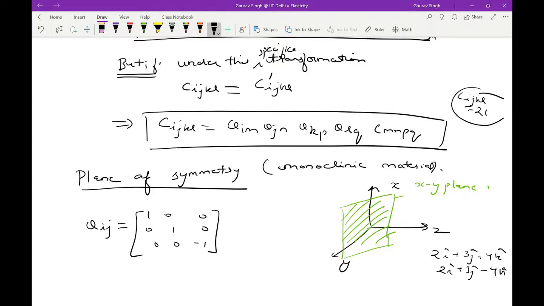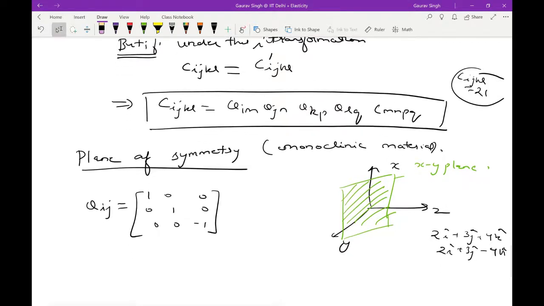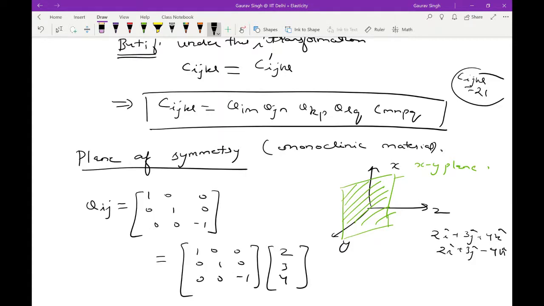So they will all be symmetric, and this transformation law will help you do that. Let's see this: 1 0 0, 0 1 0, 0 0 minus 1. I'm just doing it for a vector because it's easy to do. So 2 3 4 will become 2 3 minus 4. So this transformation is a symmetry about the xy plane.